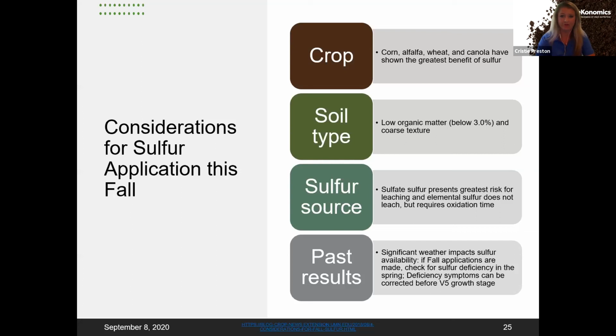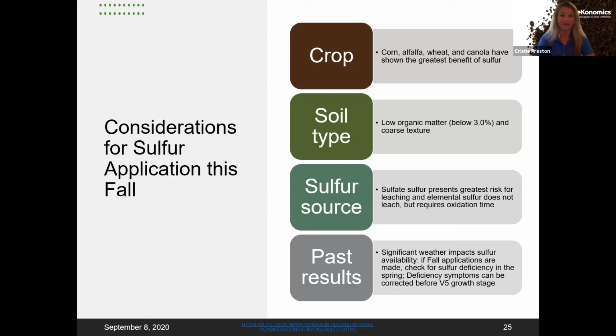And above all, look at past results. We're having a big push for collecting all types of data on farm, whether it's yield, soil test maps, soil management zones, CEC, various machine data. We're getting it all. But if I'm consistently seeing sulfur deficiencies year after year, I need to take a step back and look at it.